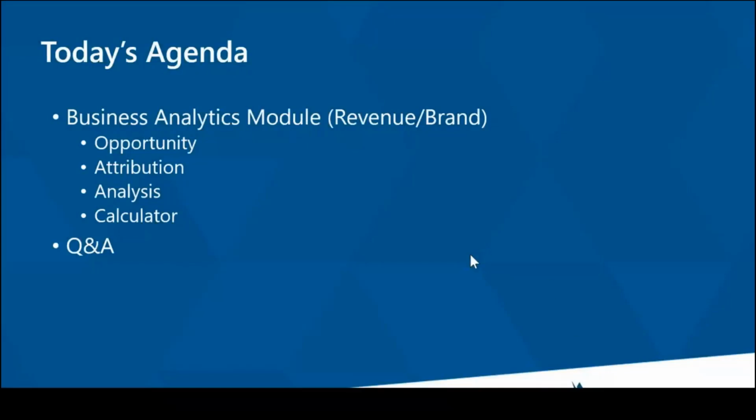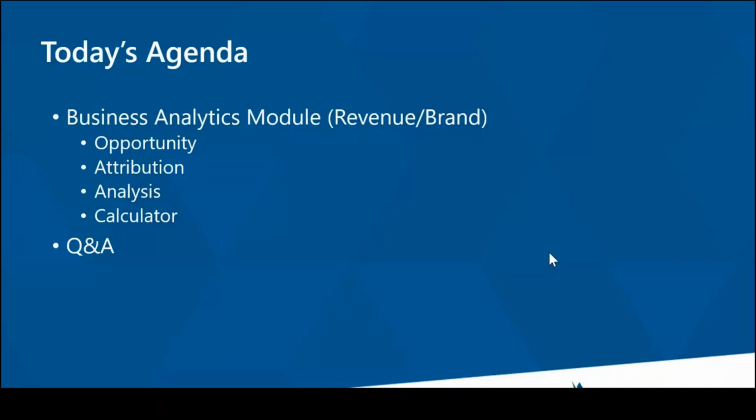As far as the agenda today, we're going to cover each of the 4 pages I mentioned. That would be the opportunity, attribution, analysis, and calculator. Now for each of these 4 pages, there's a revenue version and a brand version. So for the sake of today's training, we're going to be showing you the revenue version of these pages, but if your site doesn't collect revenue and you're really going to be focused on the brand version, don't hesitate to ask questions about whether this would be different on the brand version of the page.